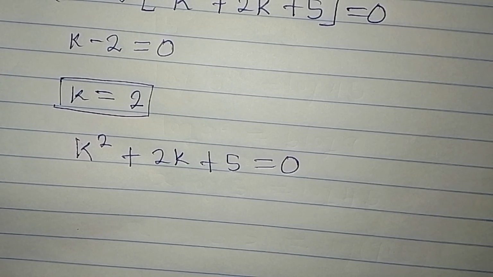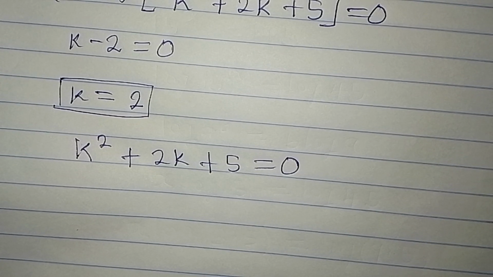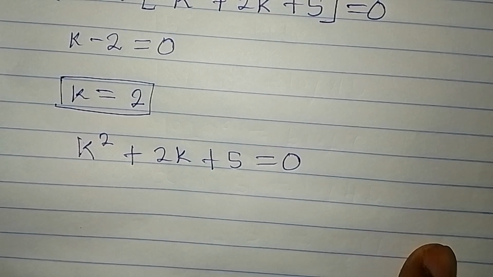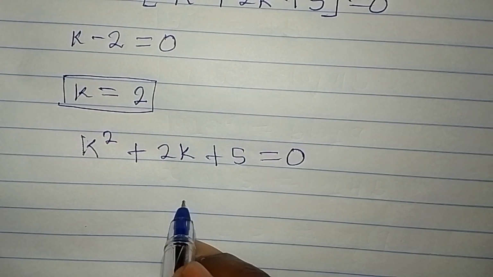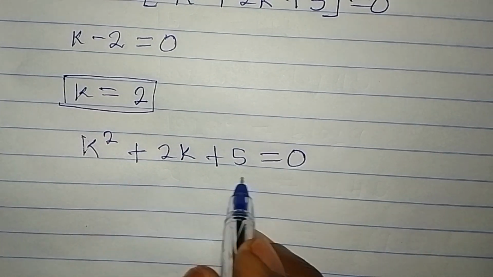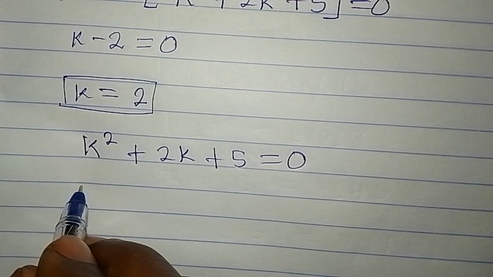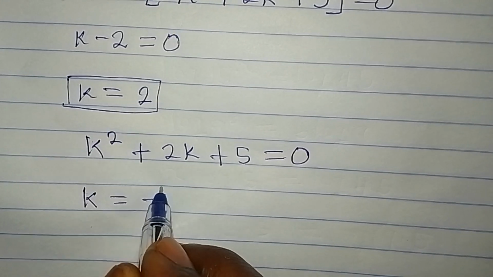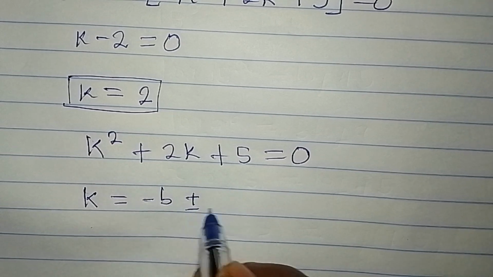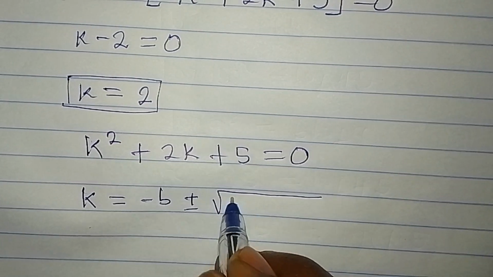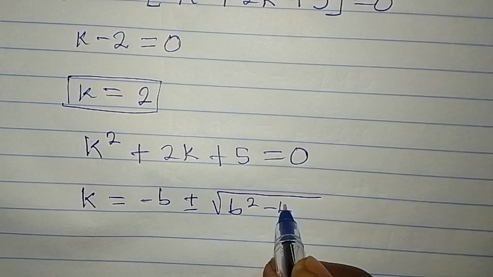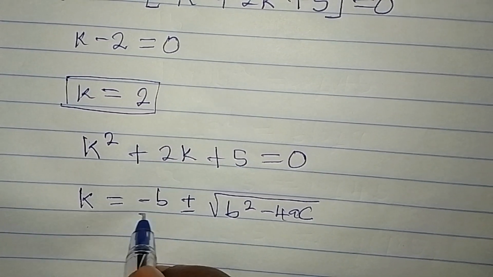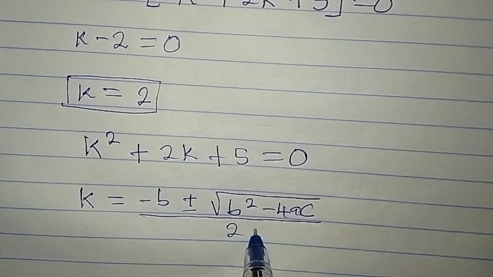Now, if we continue from here, we can get two more solutions. Let's use the formula to do this. K will be equal to minus b plus or minus square root of b squared minus 4ac, everything over 2a.